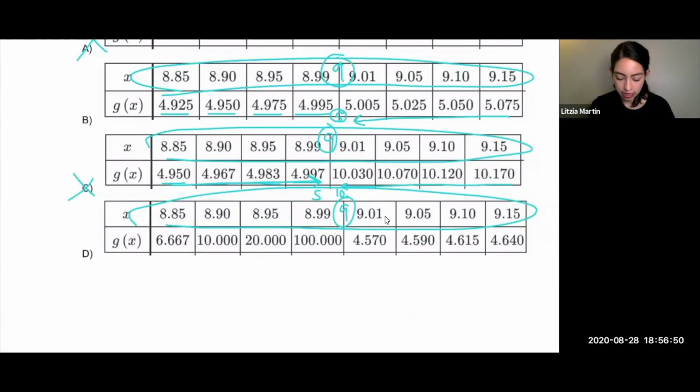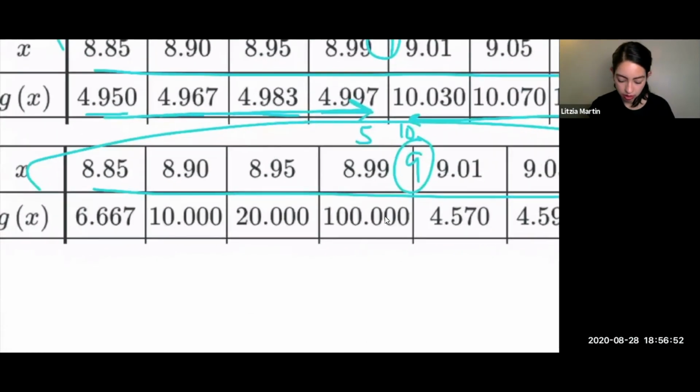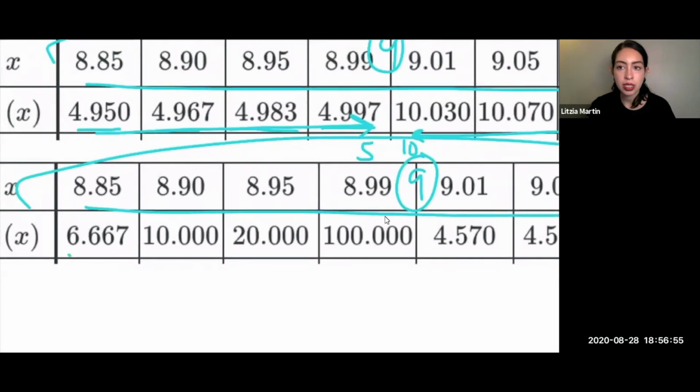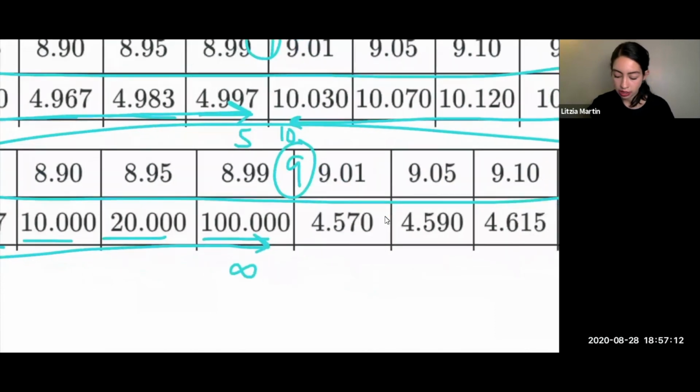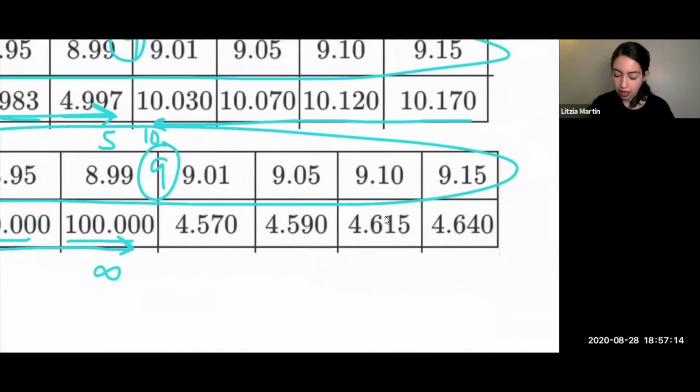Now if we look at D, we start at 6.667, and then we're going to 10 and 20 and 100. These are getting significantly larger and higher. So this is telling me that this is actually approaching positive infinity. All those y values are getting bigger and bigger. And on the other side, these y values are actually getting further away from 5.